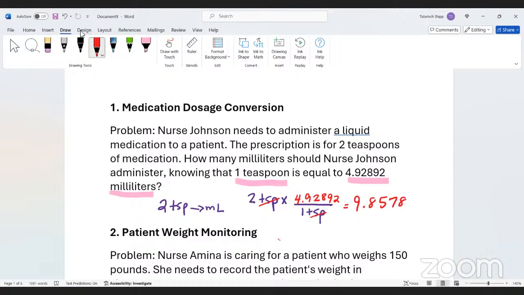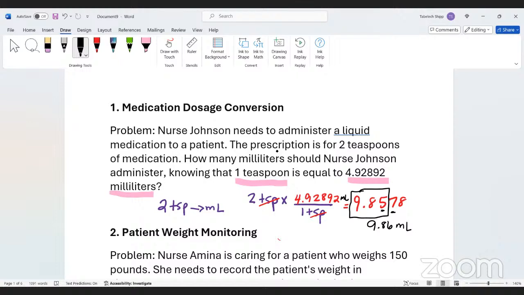If I want my answer in 3 significant digits, that means I'm going to highlight the 3 numbers that I need, and then the 7 tells the 5 to round up. So this answer actually becomes 9.86 milliliters. And I forgot to put my mLs at the very top in terms of the units. So 9.86 milliliters is the answer.